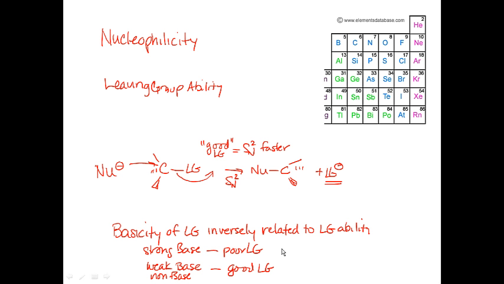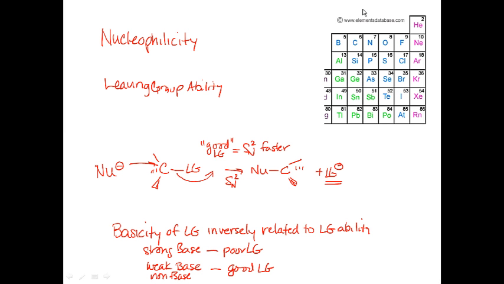So now what we have to do is we have to go back to our little periodic table, and the important part of the periodic table where all of these elements that we use are, and we have to think about, well, how does basicity, what's the trend going across and down the periodic table in terms of leaving group ability?